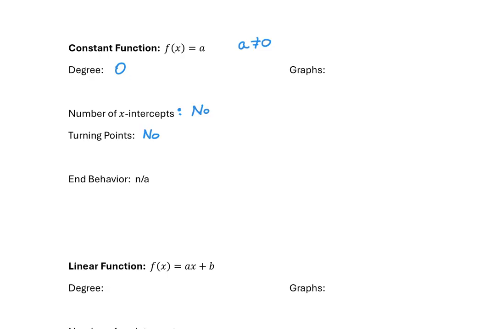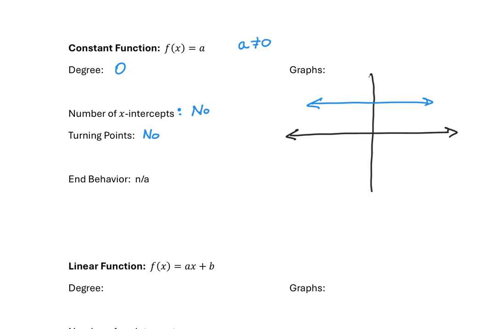If we look at some graphs of this, there's basically only one that we consider. It's a flat line. It's either going to be above the x-axis or below the x-axis, but they all look the same. All right, this is our first one.